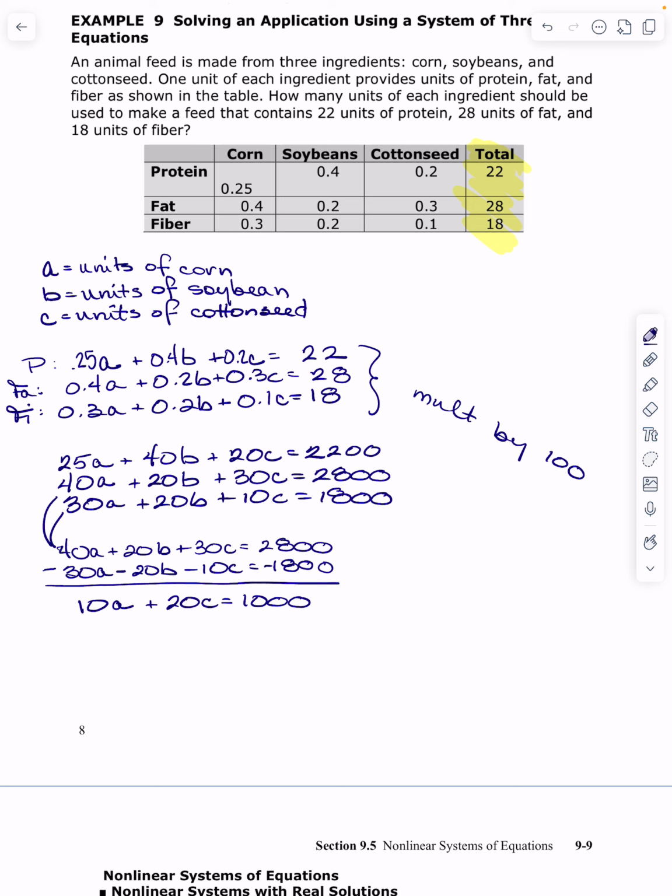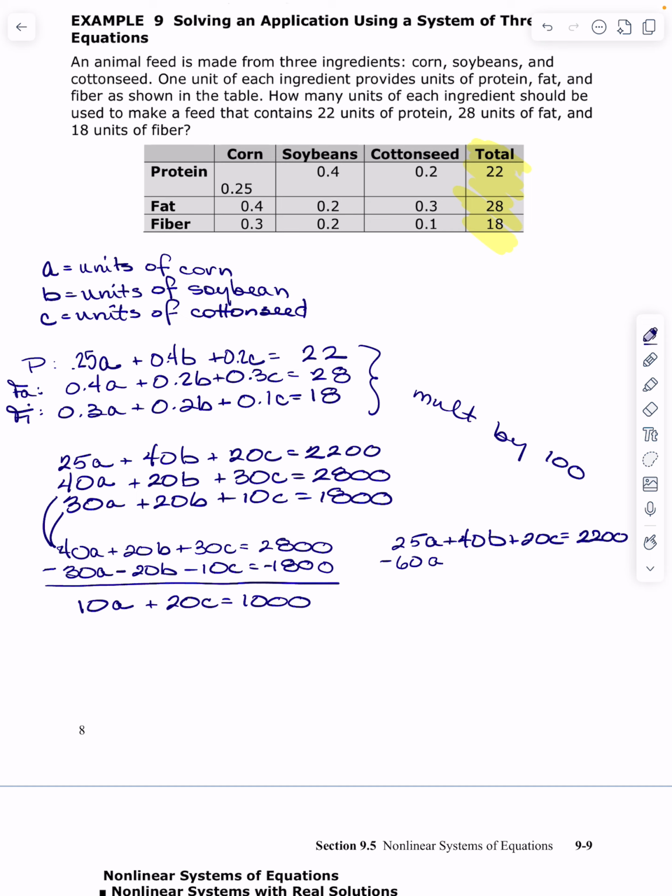Okay. Now I'm going to use the first equation. And I guess it doesn't really matter which of the second two, they both have 20B. But I'm going to go ahead and use the bottom and multiply everything by -2.